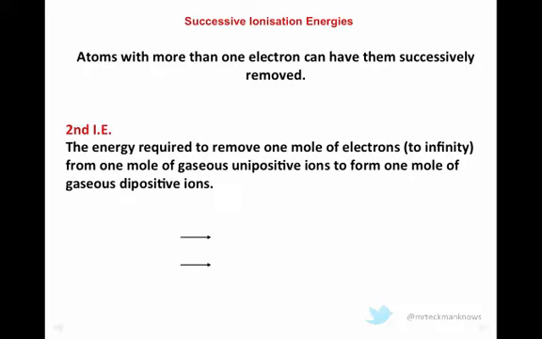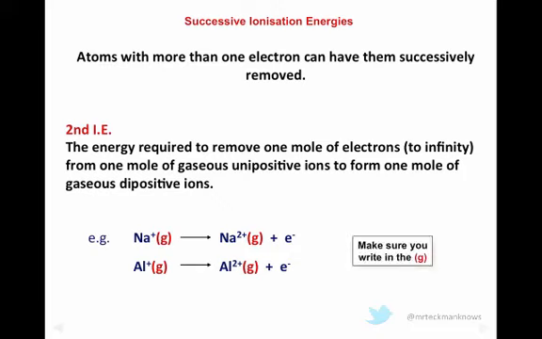Okay, and you can work out what it would have to be for third ionisation energy, fourth ionisation energy from this. So here are some equations to illustrate that. You've got sodium plus having an electron removed to become sodium 2 plus. Aluminium plus having an electron removed to become aluminium 2 plus. Remember, as always, to write in the gaseous symbol.